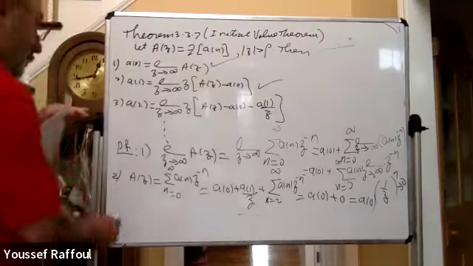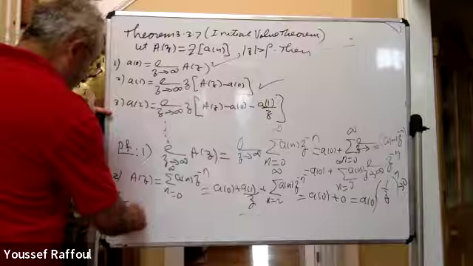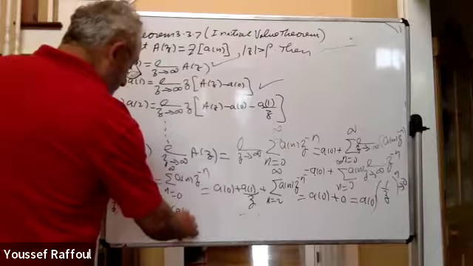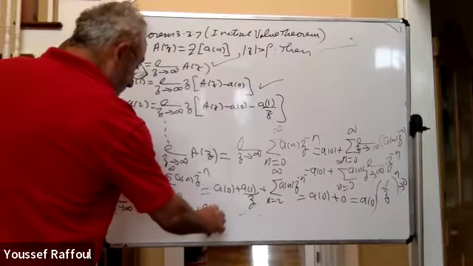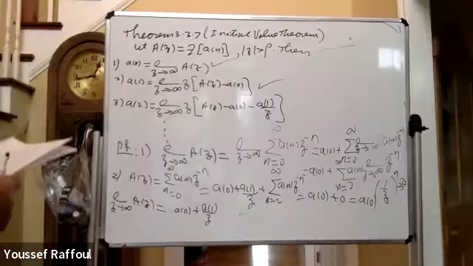And then you take the limit as Z goes to infinity of A(Z), that is going to be A0 plus A1 over Z.